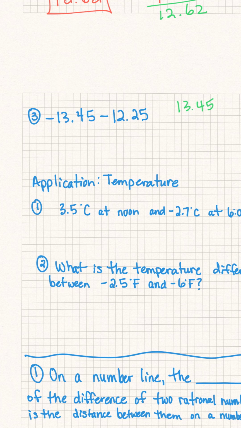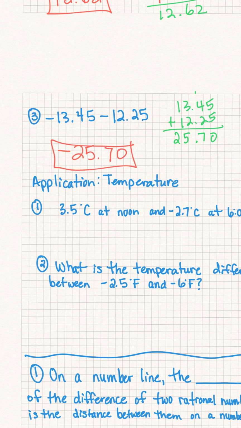So 13.45 but they're going to equal a negative. 7, 5, 2. So you're going to equal a negative 25.70. If you think about it, the negative 13 on the number line, here's 0, and then you're subtracting 12 more from it. So it's going to go in this direction because it's subtracting.